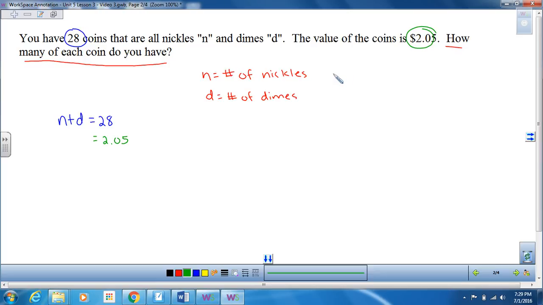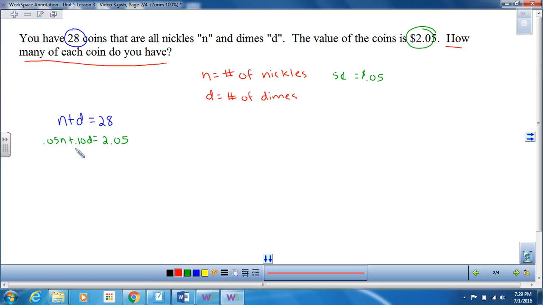So we have to write 5 cents with dollars because $2.05 is dollars. So that's $0.05, so 0.05n. And then dimes are 10 cents, so 0.10d. Okay, so here's my system. It's set up.